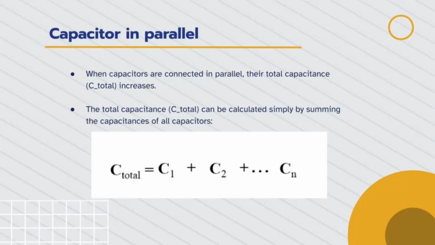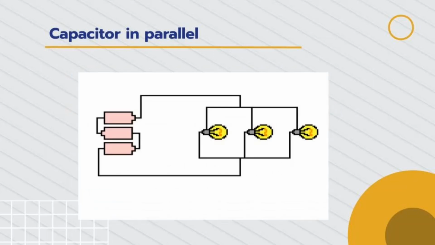In a parallel connection, the voltage across each capacitor remains the same. This uniform voltage distribution ensures consistent performance across all the capacitors. In summary, connecting capacitors in parallel results in an increase in total capacitance, consistent voltage distribution, equal charge distribution, and enhanced energy storage capacity.